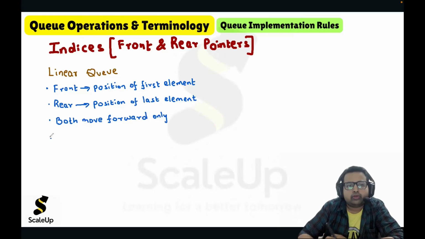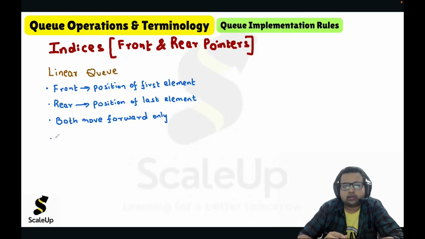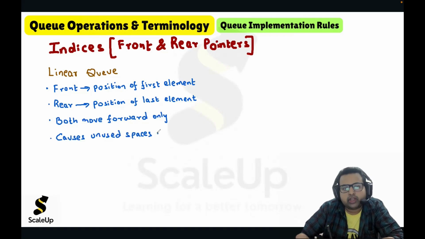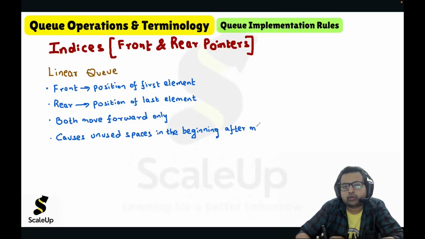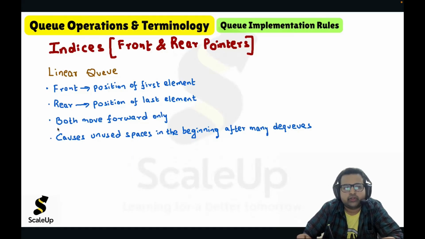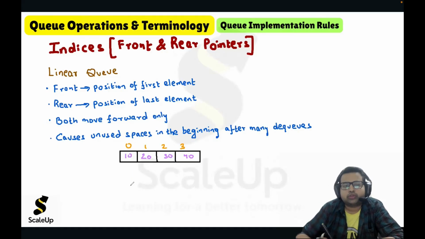Now in linear queue, one very big drawback is the issue of unused spaces in the beginning of the queue after many DQs. So we can visualize it. Suppose this is the queue. When I perform the DQ operation, the first element will be removed.